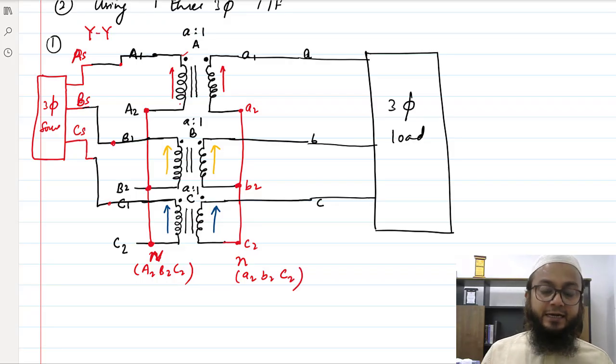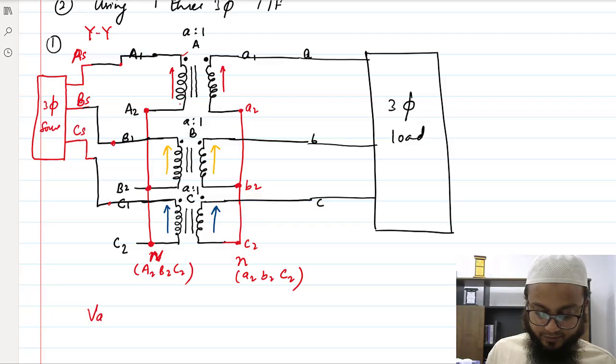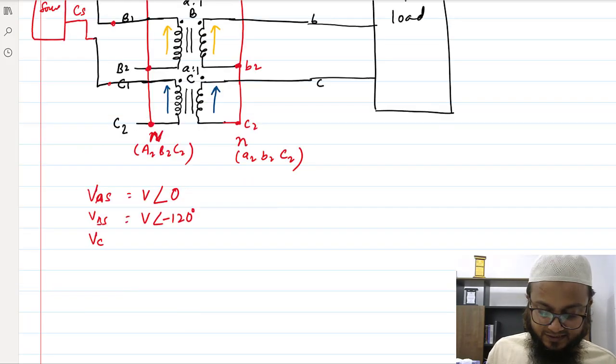Let's say the supply which is coming at the source is a positive sequence supply, okay. Positive sequence means VAS is V at an angle 0, VBS is V at an angle of minus 120, and VCS is V at an angle of plus 120 degrees.